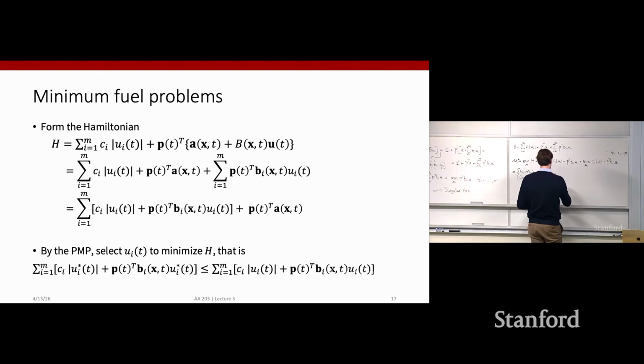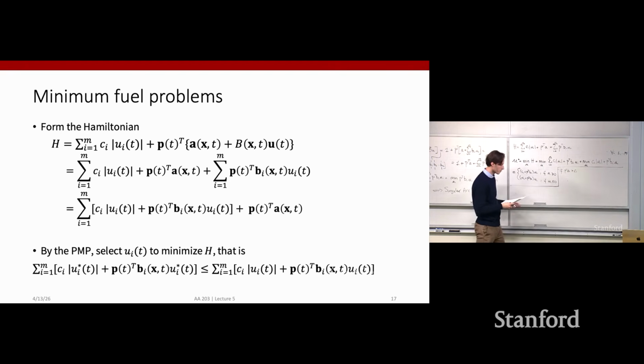So if P transpose Bi is greater than Ci, what happens is that this term is positive. And so what U would I pick here if I want to minimize this term?